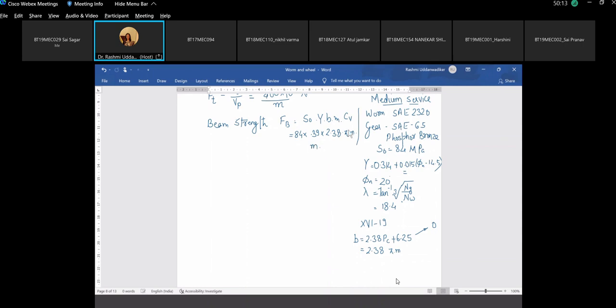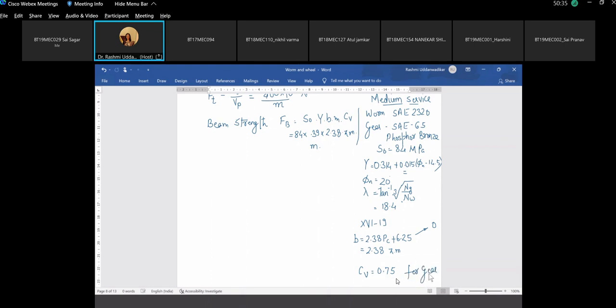Now CV is given in terms of VP. VP is not known, and since the RPM of gear is less than 100 RPM, we will always use CV as 0.75 for gear, because gear will be rotating at low RPMs.